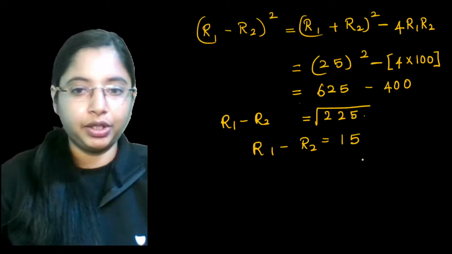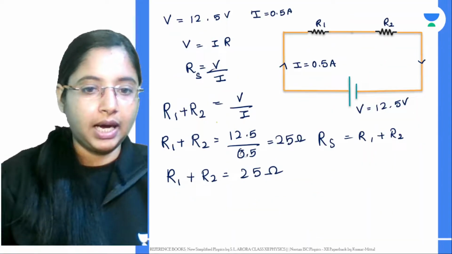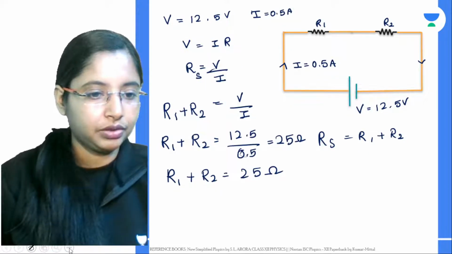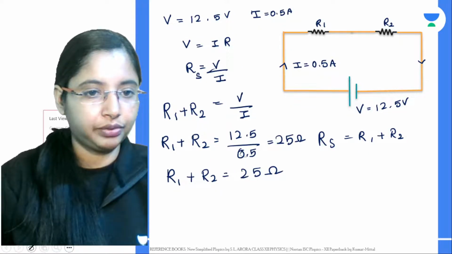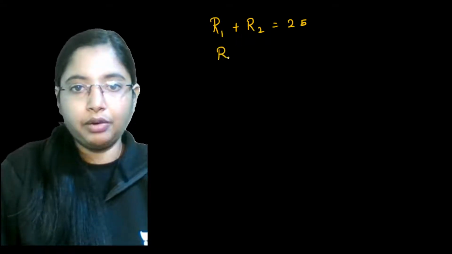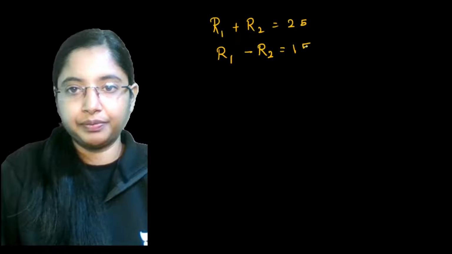Now we have two equations. One is R1 plus R2 is 25. Then we know R1 minus R2 is somewhere around 15.